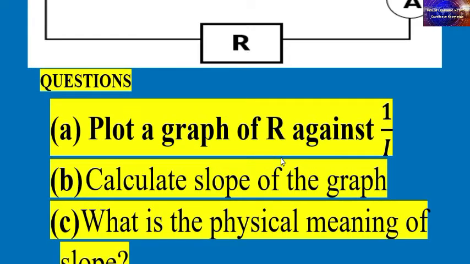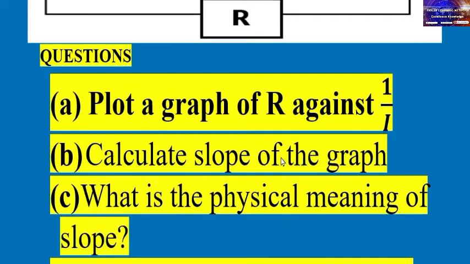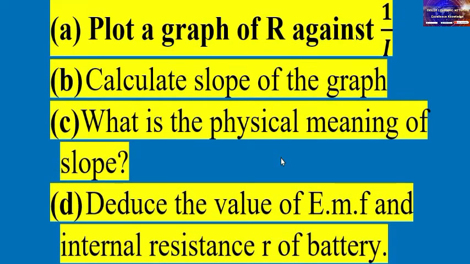Two, calculate the slope of the graph. Three, what is the physical meaning of the slope? And another question, deduce, which you can say means calculate or find the value of E.M.F and the internal resistance of the battery.